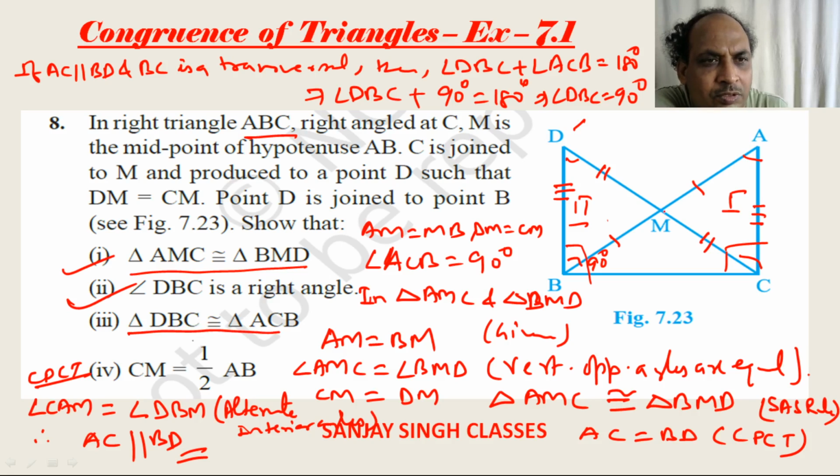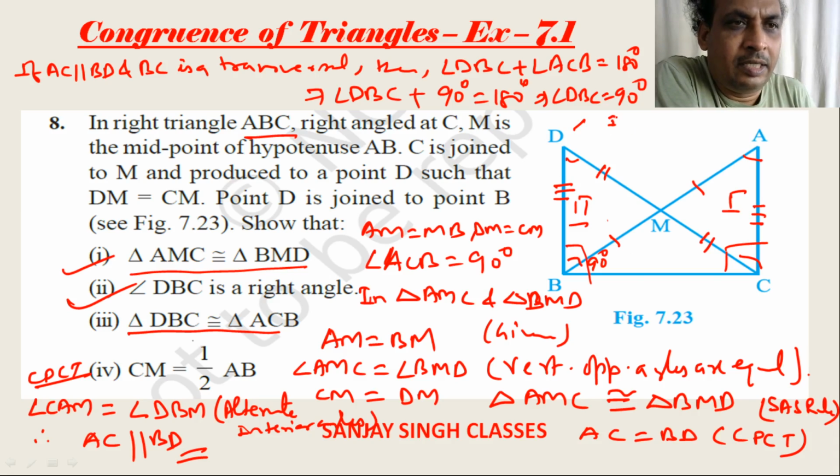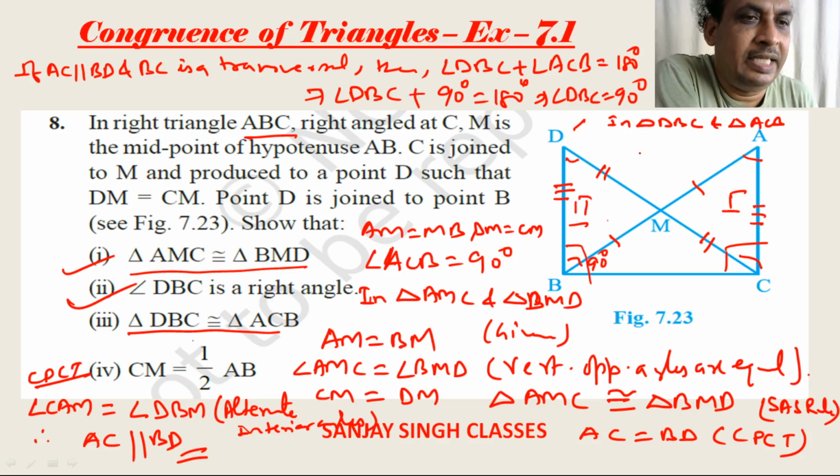Yes, we can prove DBC and ACB very easily. So here we will write, in triangle DBC and triangle ACB, we will be able to prove very easily.